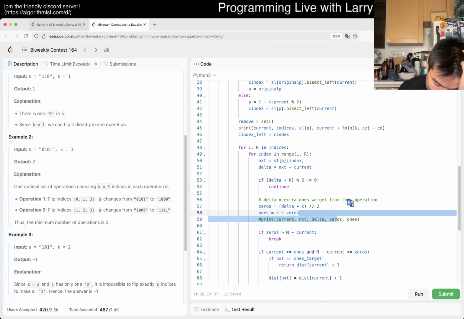For example, if n is equal to 5, current is 2, then that means that you have 2 ones, 3 zeros, and then the lowest that you can go... well, it depends on k. So I need to get k back in here. I guess that's part of the confusion for me.